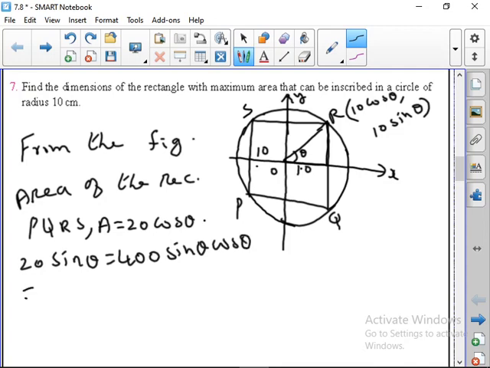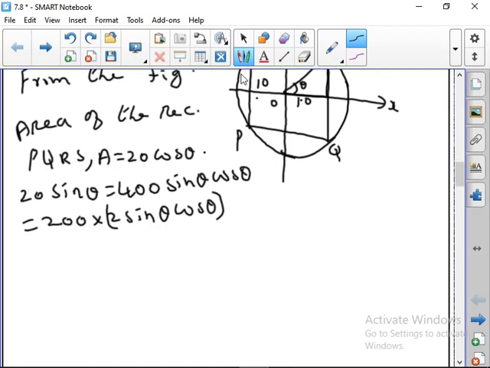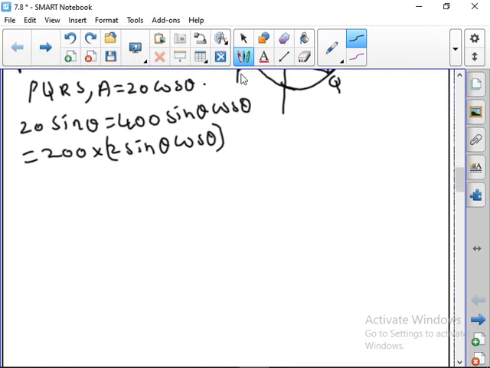How can we write this 400? As 200 into 2 sin theta cos theta. We know 2 sin theta cos theta is equal to sin 2 theta. Therefore this can be written as 200 sin 2 theta. So this is A.